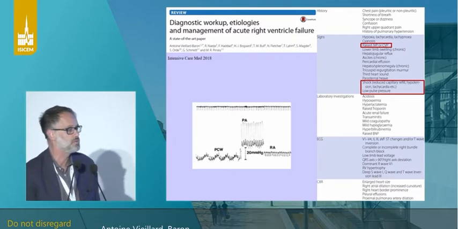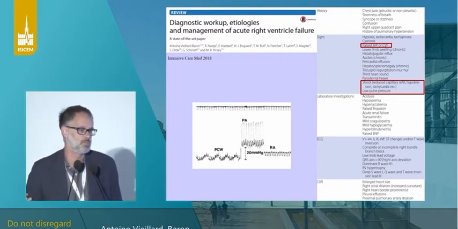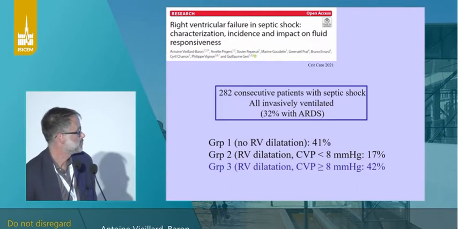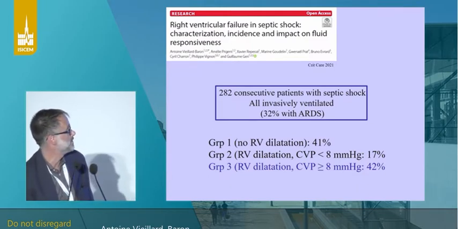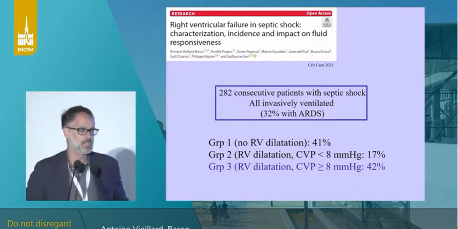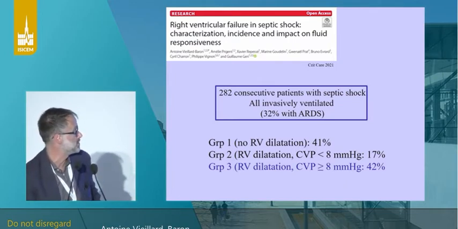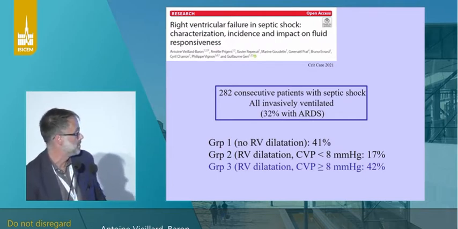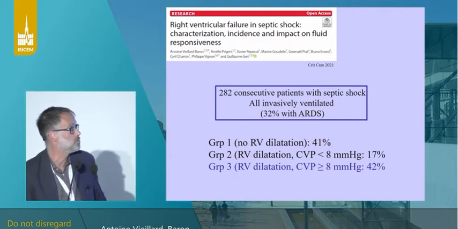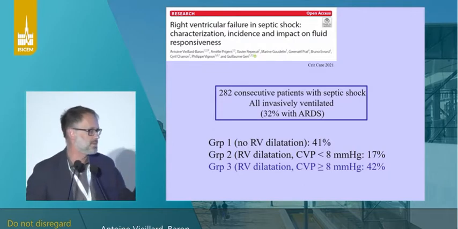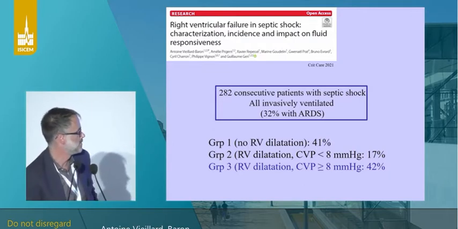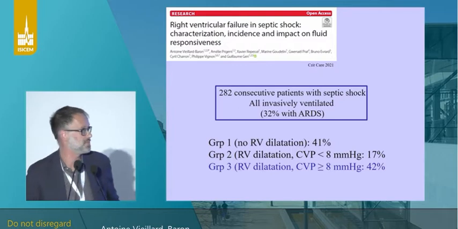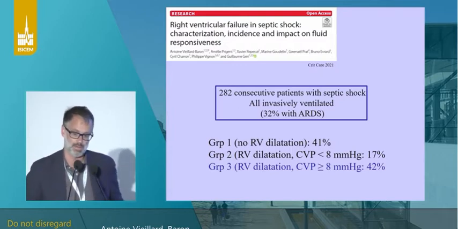Probably it's too extreme a situation to improve. This is probably too late. So try to avoid that. And in this study that I show you in our patients with septic shock, all invasively ventilated, we tried to look at the distribution of patients: without any RV dilatation, with some RV dilatation but no significantly elevated CVP, we decided to take a cutoff value of 8, I have no time to tell you why, and a third group with the association of dilatation with a CVP higher than 8 millimeters of mercury.